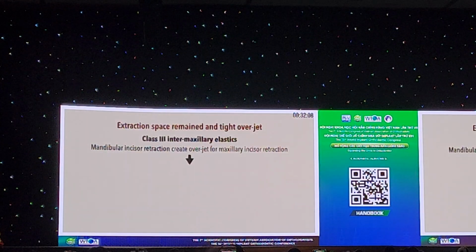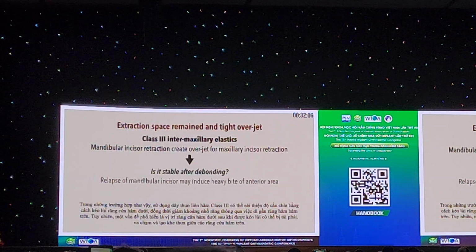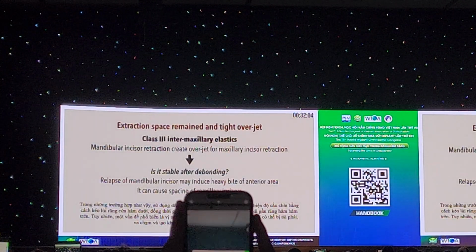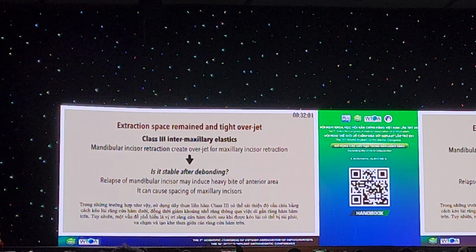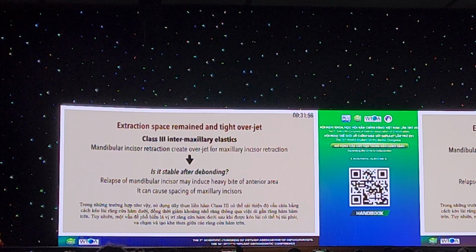In such instances, implementing class 3 intermaxillary elastics can enhance overjet through the retraction of the mandibular incisors whilst simultaneously reducing extraction space through the forward movement of the maxillary molars.